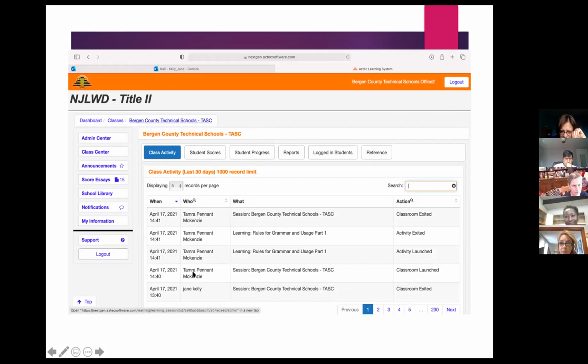You don't really need that much information, but you can see whether your students were on. And since I am in Bergen County Technical Schools task, I'm only going to see those people. If they have a different level program, I'll have to go back out and look for that. And I will not see your students who are in task, or even the students from our community college. I will only see this class.